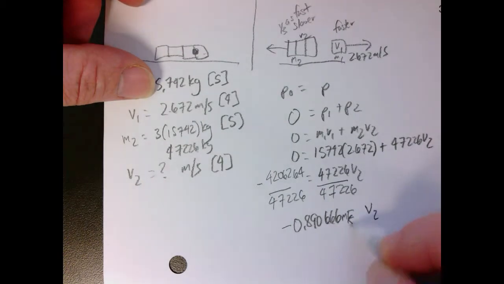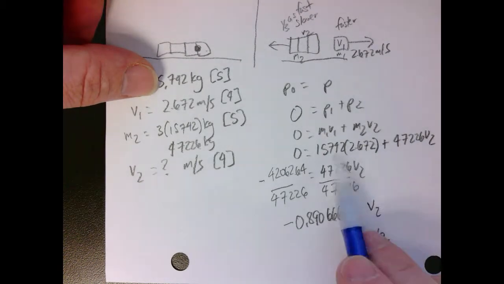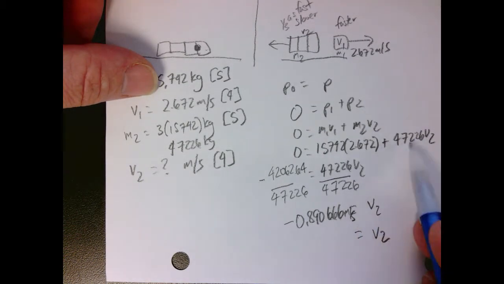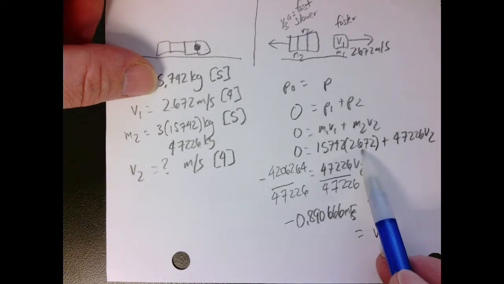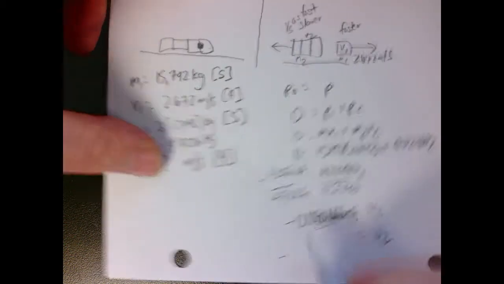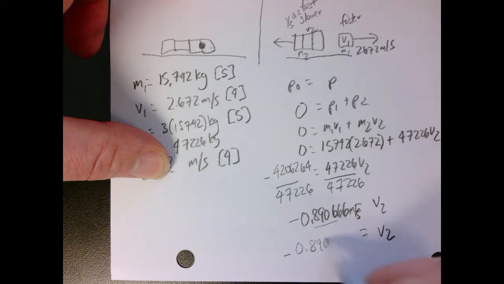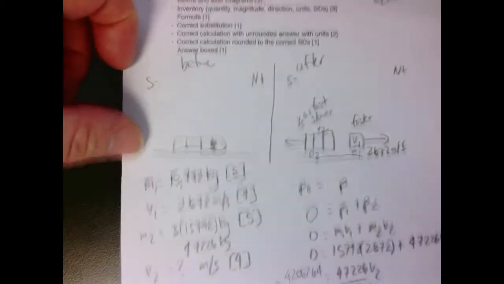That's the unrounded answer. And with significant digits, we go back here. So we've got 5 times 4, and we've got a 5. So this is going to yield a 4. So that's going to have 4 significant digits. So 4 significant digits is negative 0.8907 meters per second.